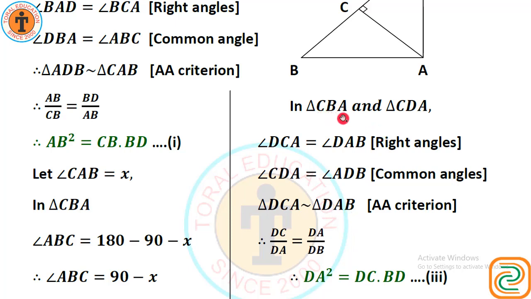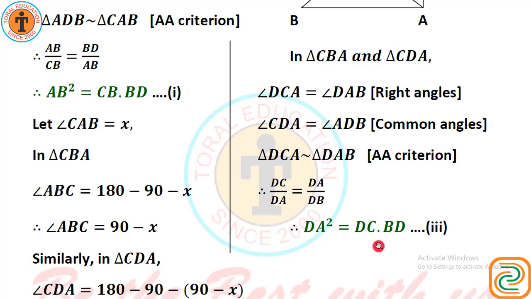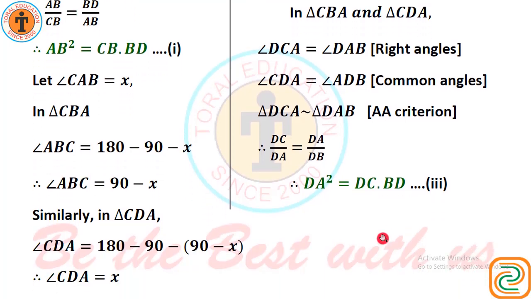Here DC upon DA equals DA upon DB. Therefore, DA square equals DC into DB. The result number 3. So we have proved all the 3 results.